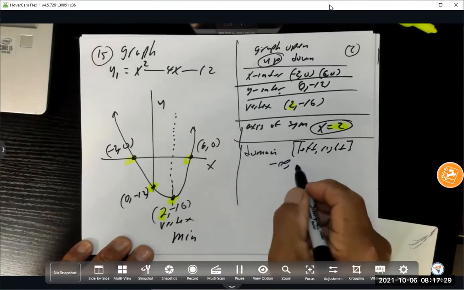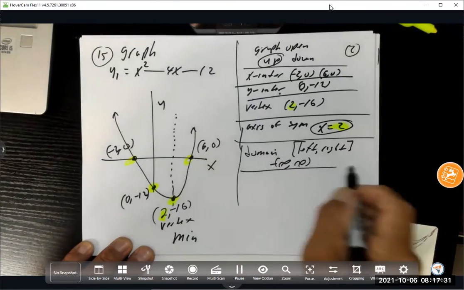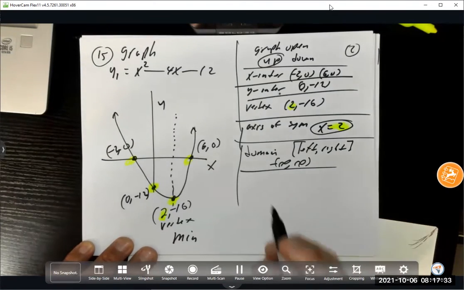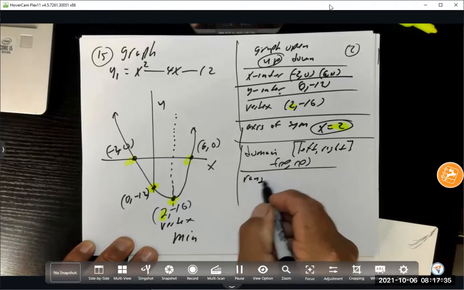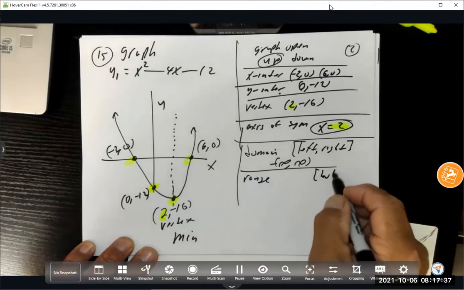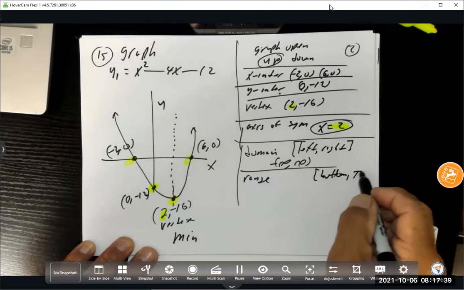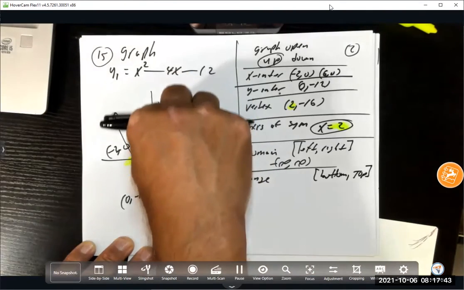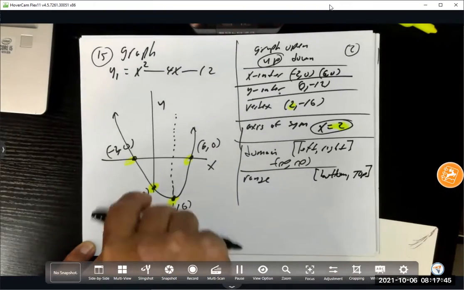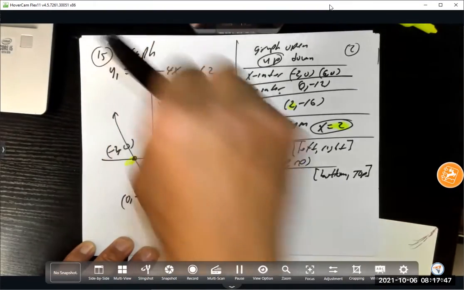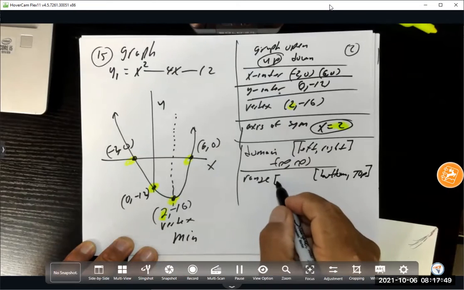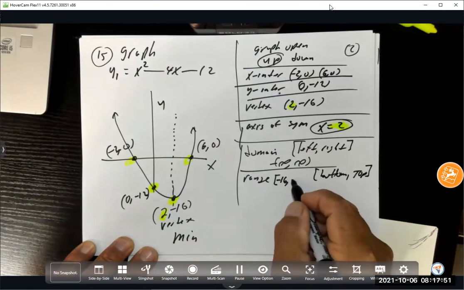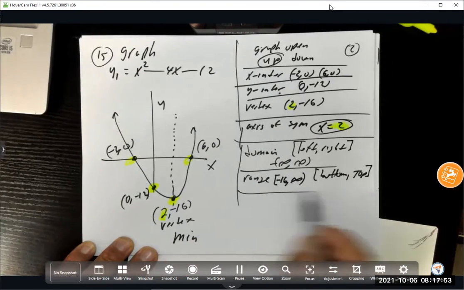So the answer is going to be negative infinity to infinity. Range, and I'll tell you what that means. You can think of it as the bottom of the graph and the top of the graph. So the bottom goes all the way to negative 16. And then from there it goes up, up, and doesn't stop. So it goes to negative 16, the bottom, and then infinity on top.